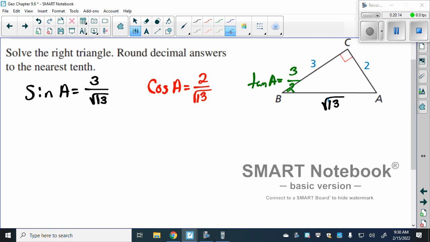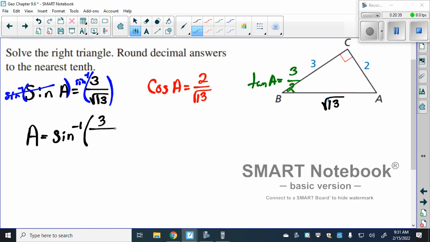If I wanted to solve for angle A using sine, at this point we would do what to both sides? Sine inverse. Take sine inverse of both sides. And here the sine inverse and sine would simplify each other out, leaving us with A equals sine inverse of 3 divided by the square root of 13.